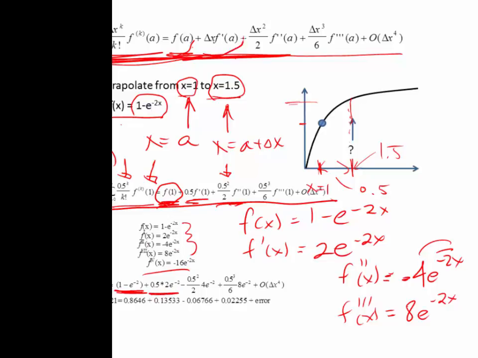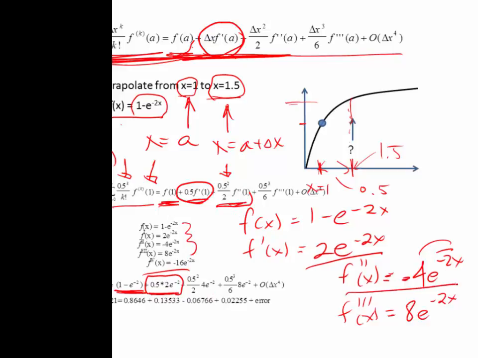So that's this one right here, which is 0.5 times the first derivative. First derivative is right there. And then the next one here is 0.5 squared times the second derivative. There's the second derivative, so there's the next term. And then it's 0.5 cubed times the third derivative divided by 6. And that's that term there.